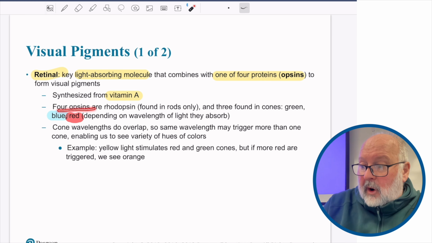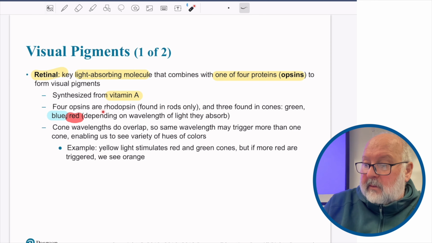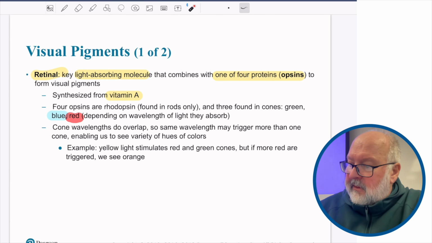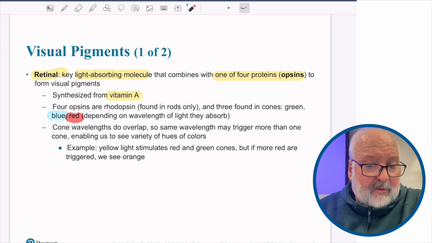So there's four opsins. Now, rods only have one variant, and this is rhodopsin. I always remember R, right? So I remember rhodopsin is in rods. And so rods only have one pigment, whereas cones have three.